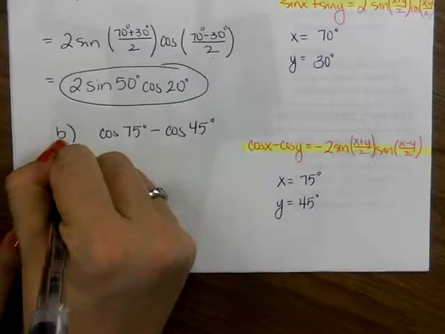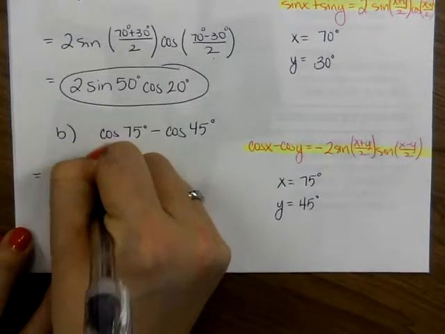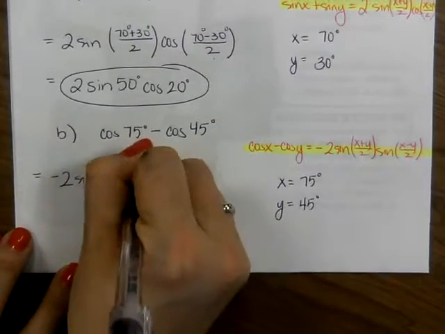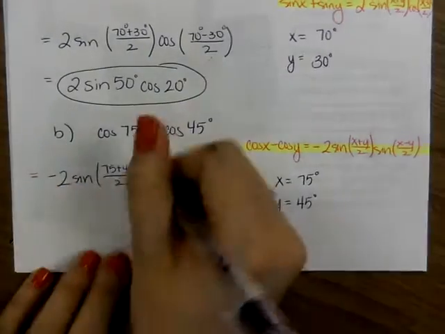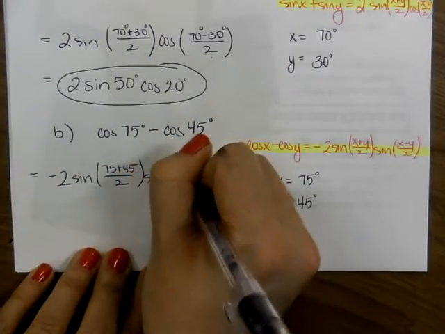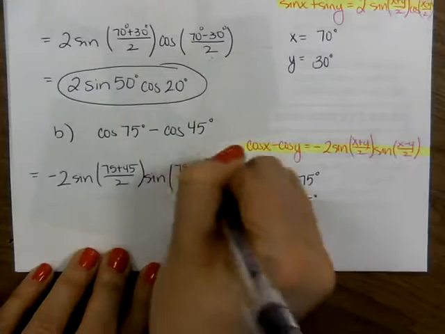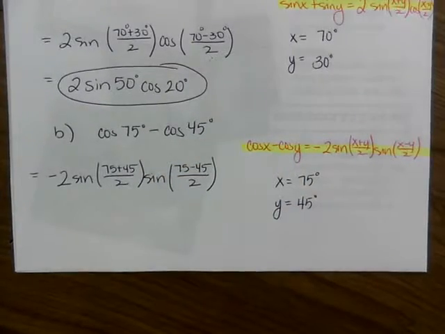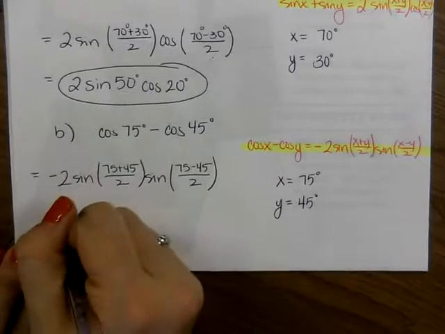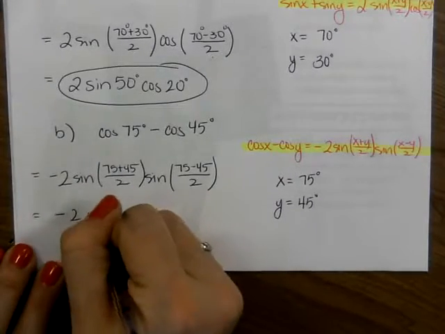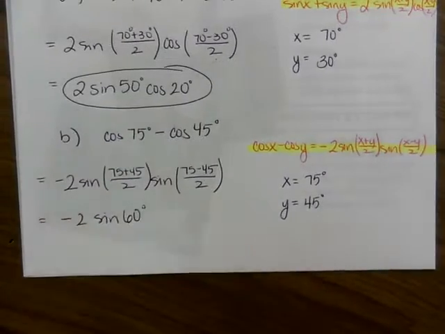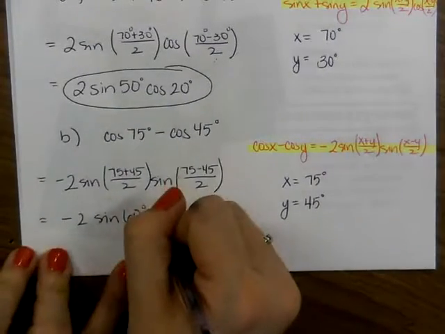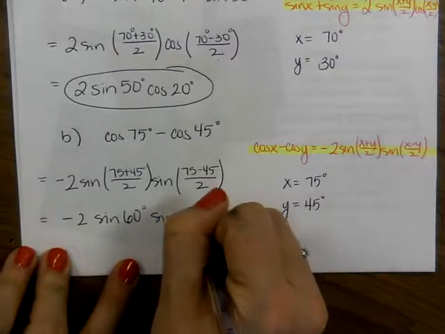So I'm going to get negative 2 times the sine of (75 plus 45) divided by 2, times the sine of (75 minus 45) divided by 2. Okay, so now when we drop it down, we're going to get negative 2 sine of 60 degrees times the sine of 15 degrees.